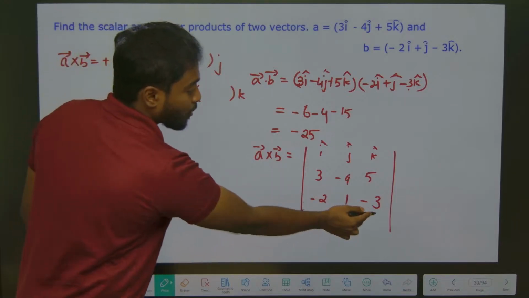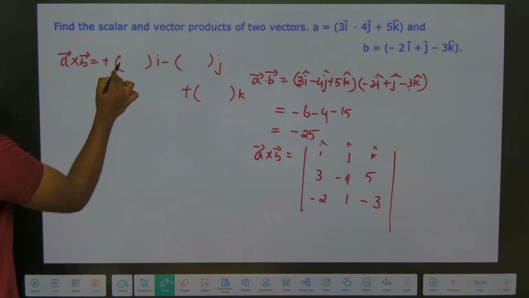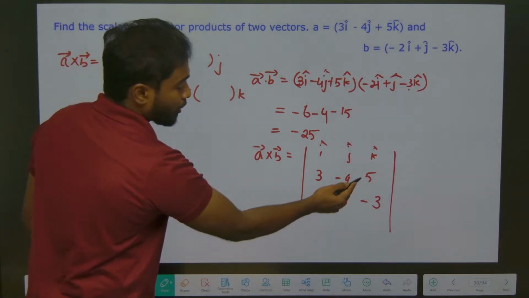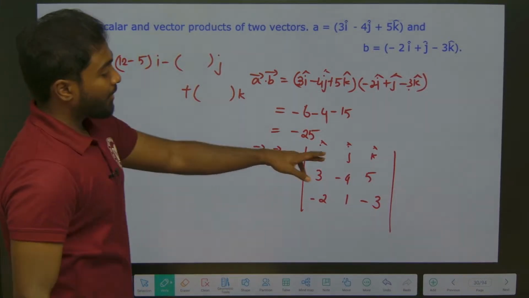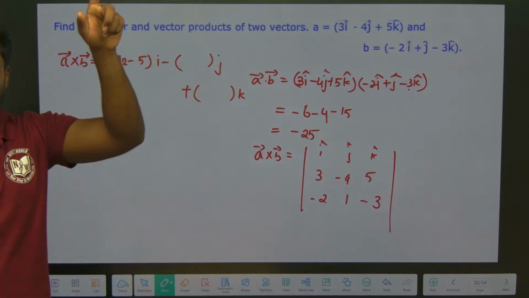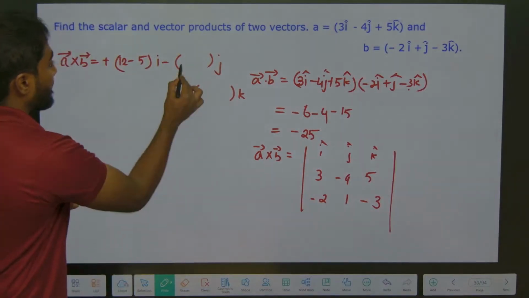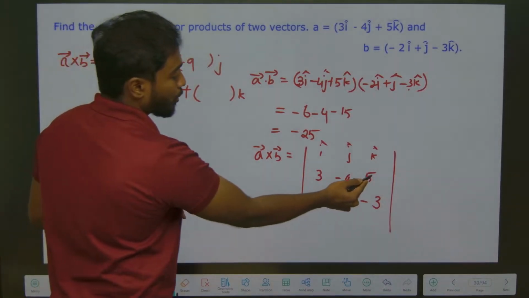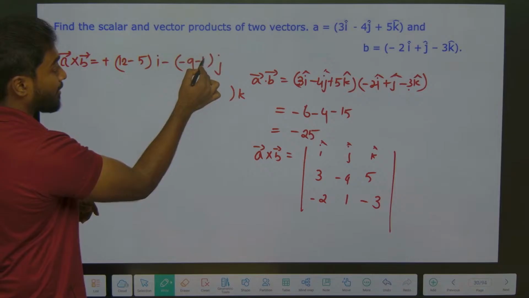So minus 3 into minus 4 into minus 3 is 12, minus 1 into 5 is 5. Now when I want to do for j, close the j column and j row. So 3 into minus 3 is minus 9, minus 2 into 5 is minus 10. So minus of minus 10, which is plus 10.